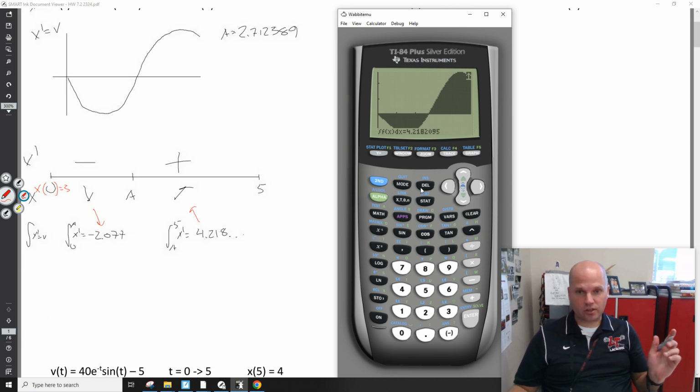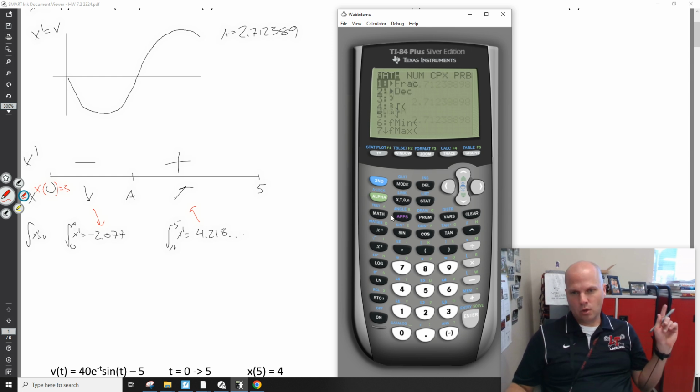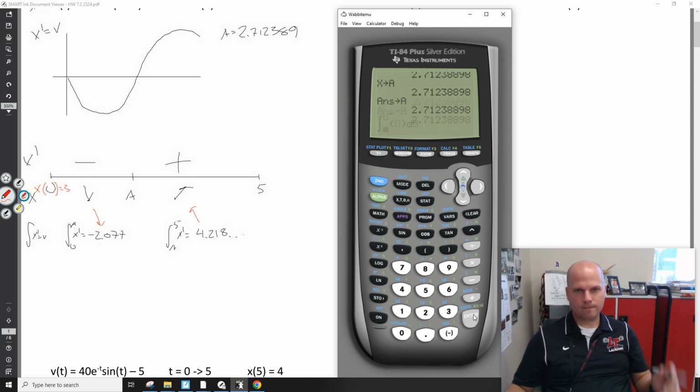Let me show you the calculations in the home screen. They're easier to do, or just as easy to do. We will use Math 9, 0 to A, and instead of retyping the equation, we have Alpha F4, which brings up Vars Y1, and this automatically plugs in what you have in Y1.